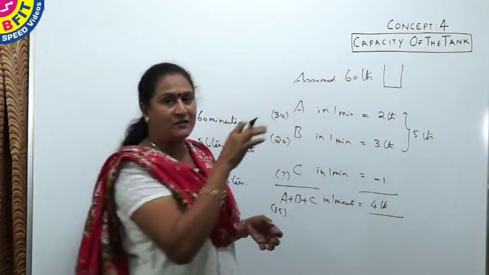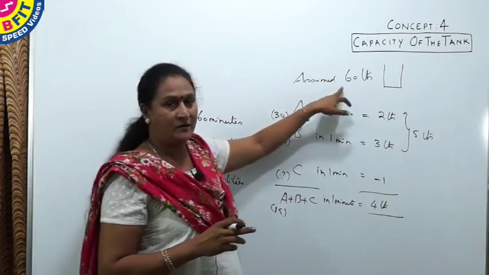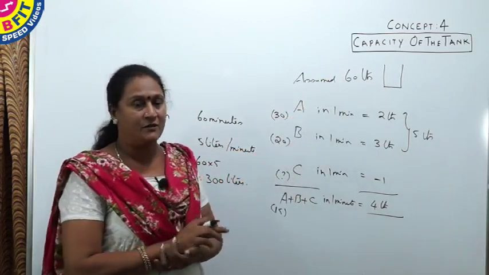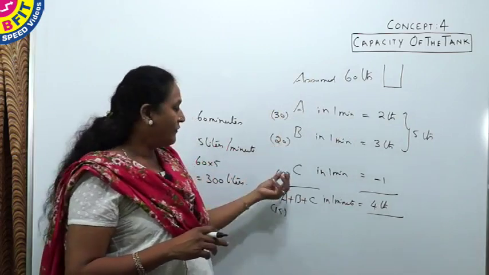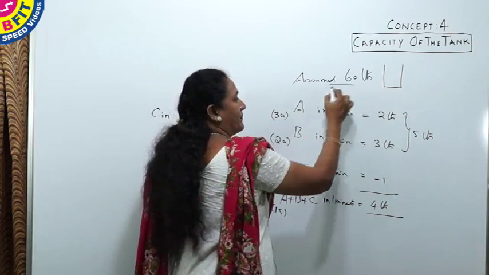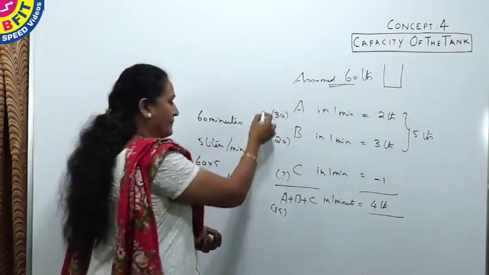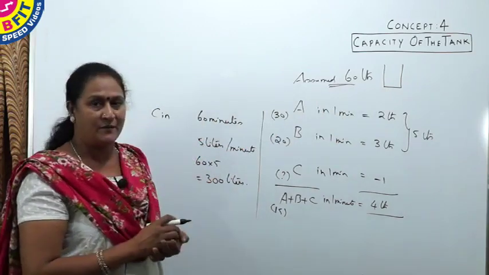We have assumed this capacity to make our working easier, and it was assumed to find the efficiency of C. Based on this assumption and all this data, we have found the efficiency of C, and this is the assumed capacity. The actual capacity is, with the data they have given, it can empty 5 liters per minute.